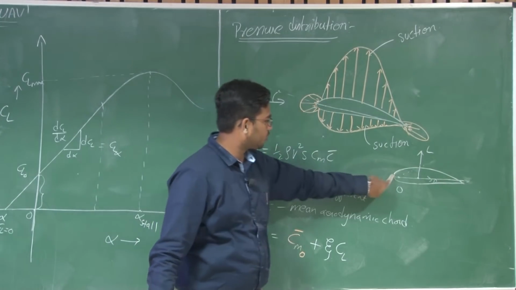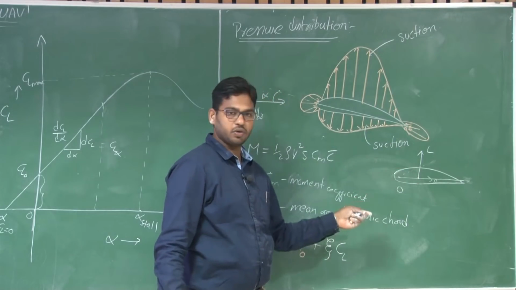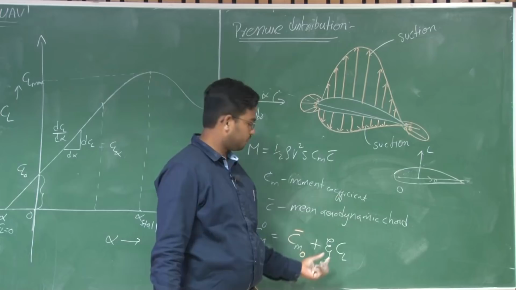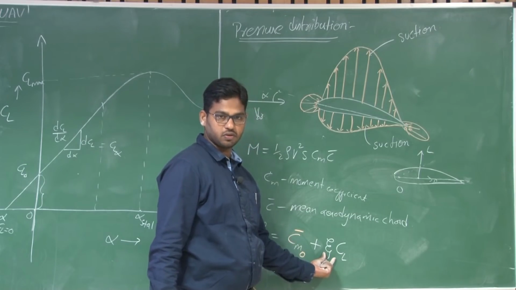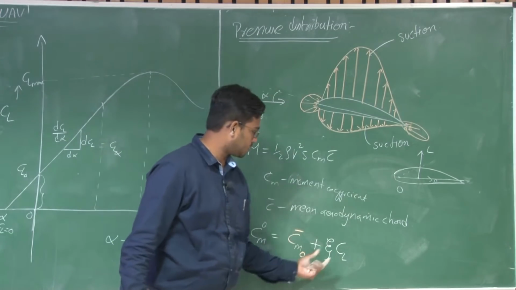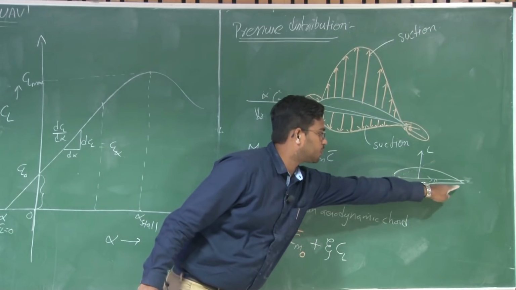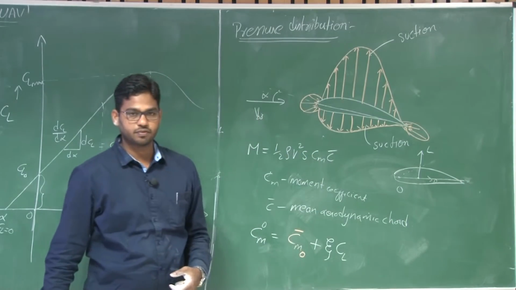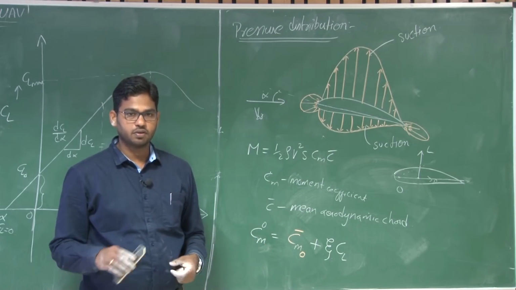We are considering moment about the leading edge, and XCP is somewhere behind, so the lift will contribute a negative moment. That means Cl can't be negative, so zeta has to be negative, right? So if we consider the most forward point, zeta has to be negative here. And if we consider the moment reference point towards the trailing edge, then zeta becomes positive, right?